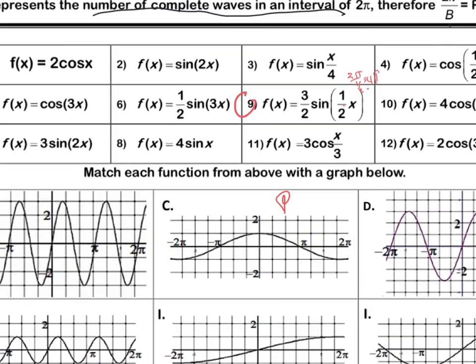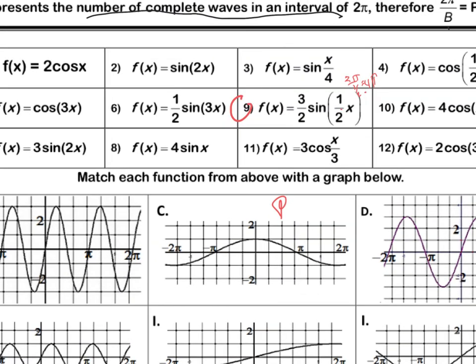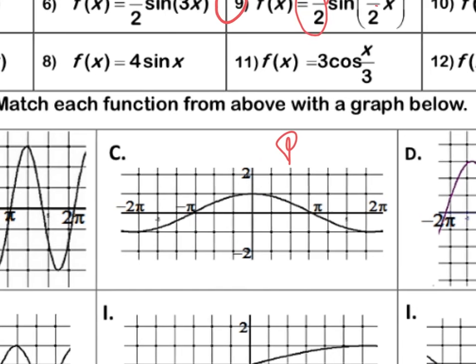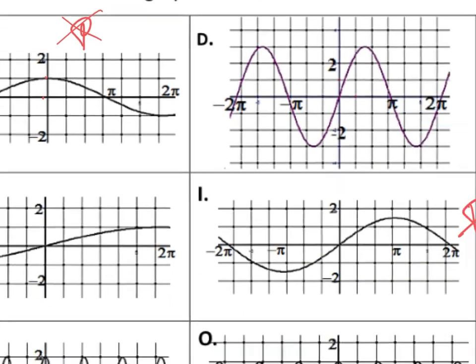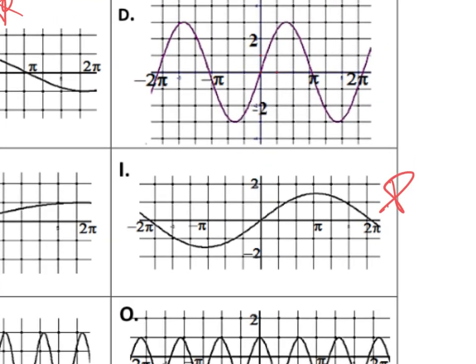What else can I do? Its amplitude is 1.5. That means if I go to 0, the highest it can go is 1.5. This goes up to 1, so it can't be that one. This one does appear to go to 1.5, so it's still a possibility. Did I have any other?